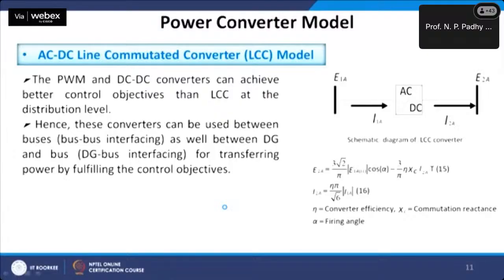But LCCs are not so precise, so in scenarios where major control objectives are not highly expected, LCC can be used for bus-to-bus interfacing, but not for DG-to-bus interfacing. If you are connecting bus to bus, you can place an LCC, but if it is between DG and bus, it should not be an LCC. That's what is recommended.